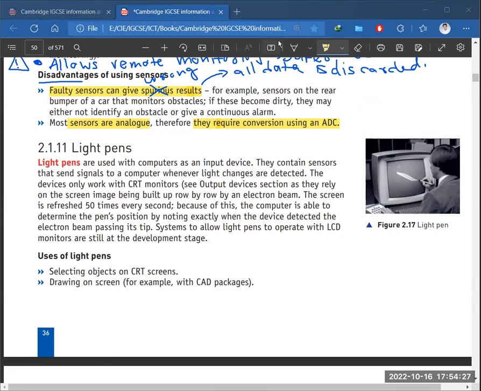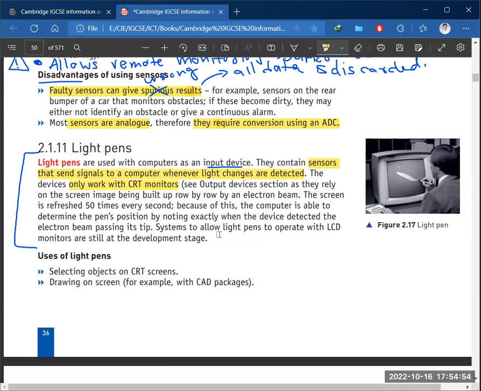So I think we have to read the whole thing then. Rania, start reading, quick. Light pens are also used with a computer as an input device. They contain sensors that send signals to a computer whenever light changes are detected. The device only works with CRT monitors, see output devices section, as they rely on the screen image being built up row by row by an electron beam.